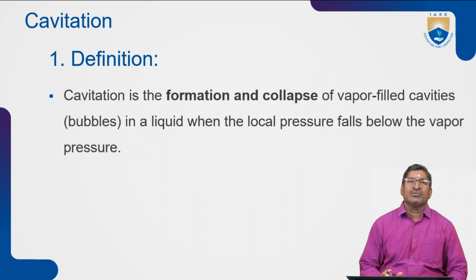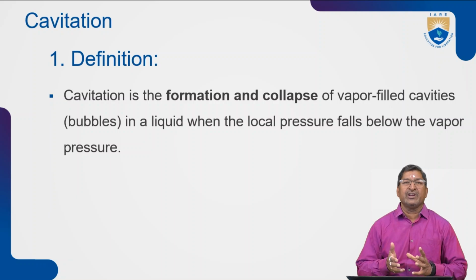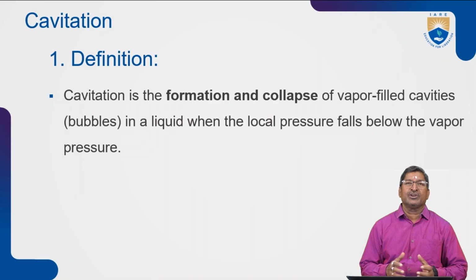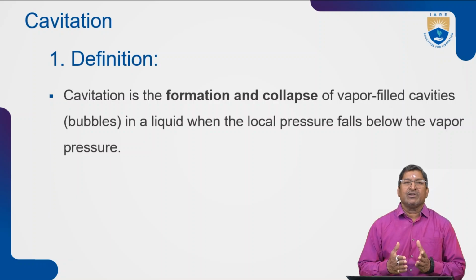Normally, if you want to convert the liquid into vapor, that means from liquid form to air form, we heat it, so that after a certain temperature the liquid, for example water, will be converted into gaseous form.